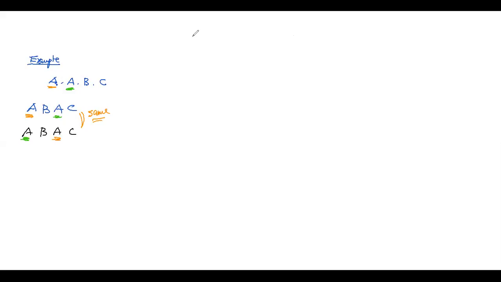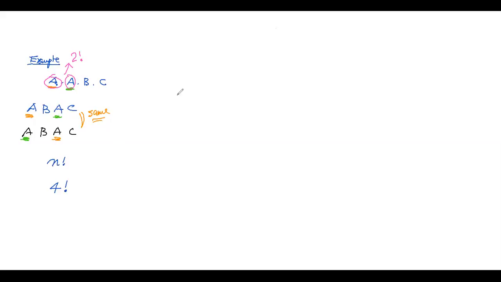From the previous definition, I know the overall number of permutations is n factorial, so here it's 4 factorial. But I have 2 similar letters here. Just by themselves, they have 2 factorial permutations, but I don't care because they are the same.